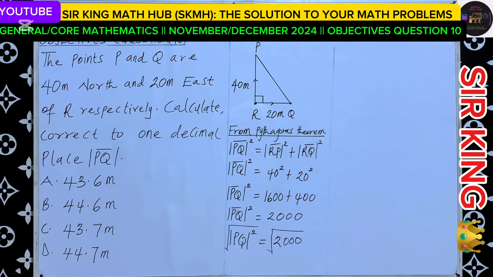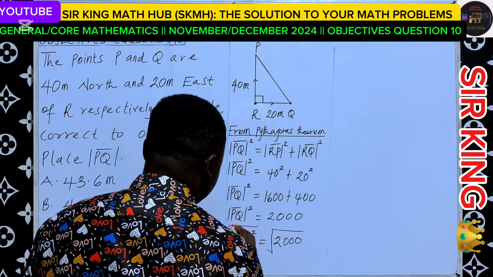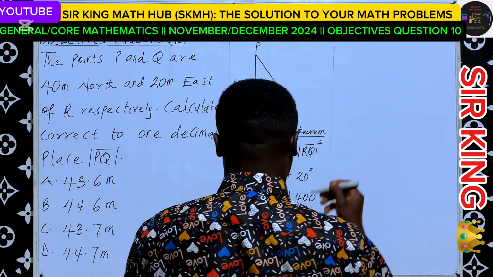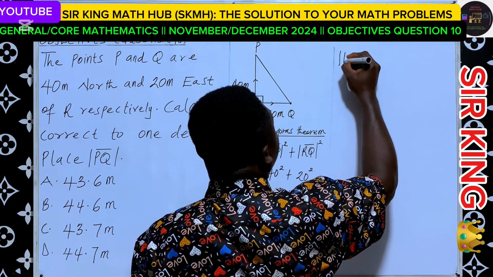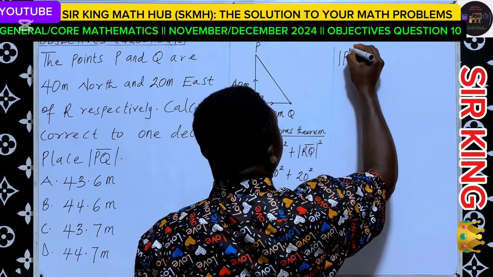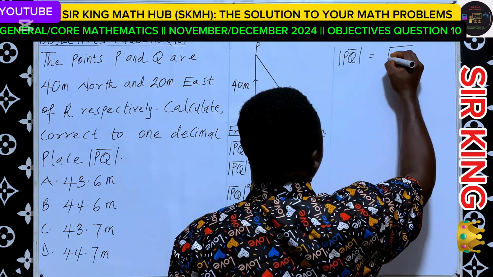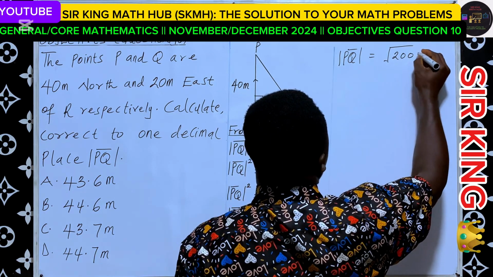When you take the square root on both sides, what will happen? The square root and the square will cancel out, leaving line PQ equal to the square root of 2,000.